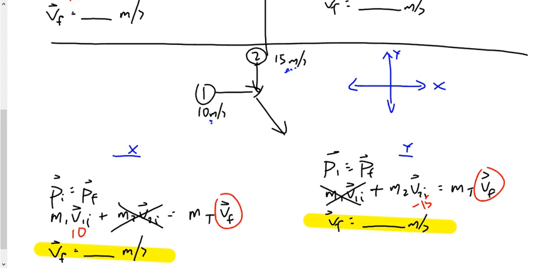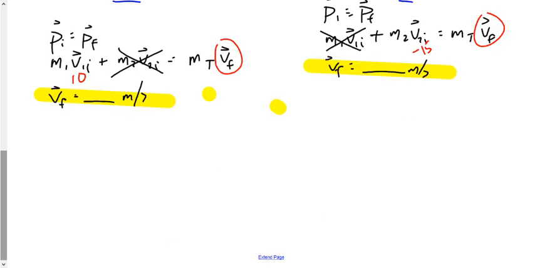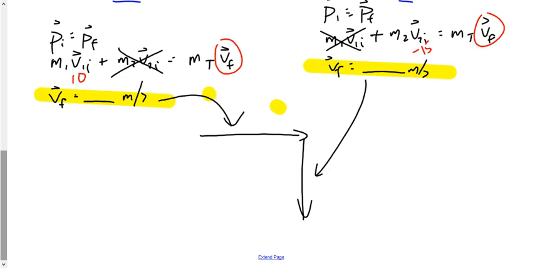What do you think I'm going to do with the VFX component and VFY component? Cindy, what are we going to do with the x and the y components here? Exactly. We're going to say, here's the x, here's the y, whatever those numbers work out to be.